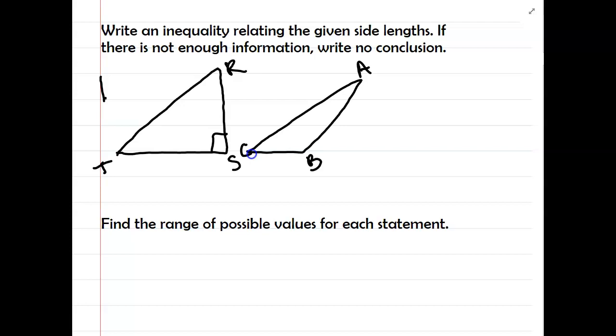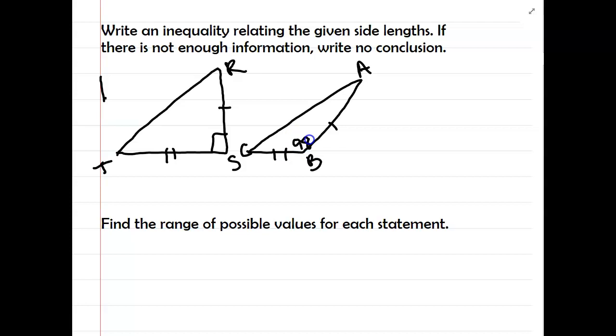Now, to use the hinge theorem, you have to have two sets of congruent sides. So we will say RS is congruent to AB, TS is congruent to BC, and then angle B is 98.